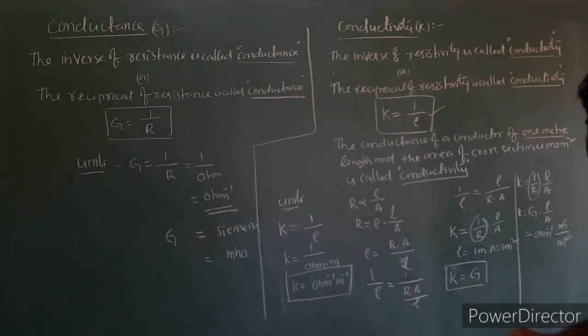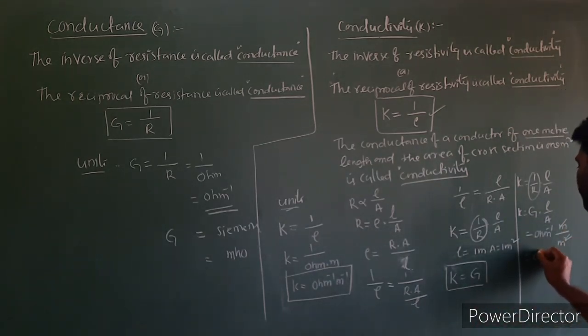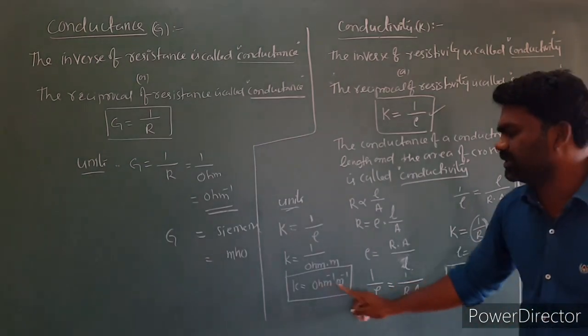So meter and meter square combine to give meter inverse. Then K is equal to ohm inverse meter inverse. Same result.